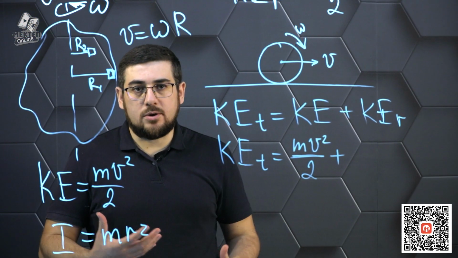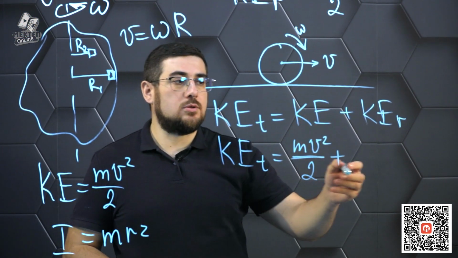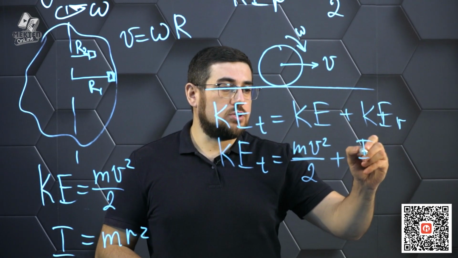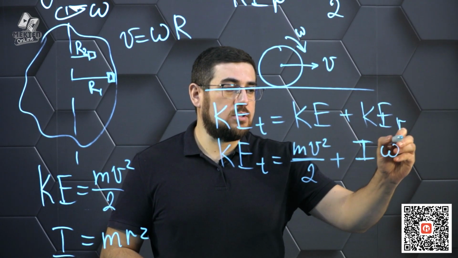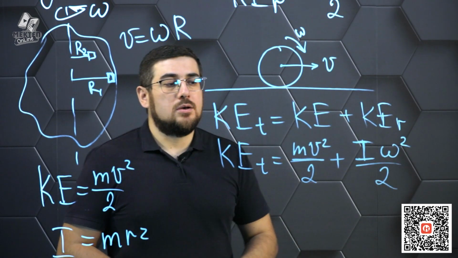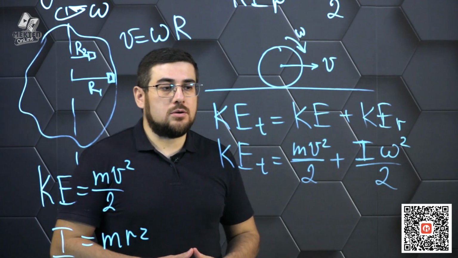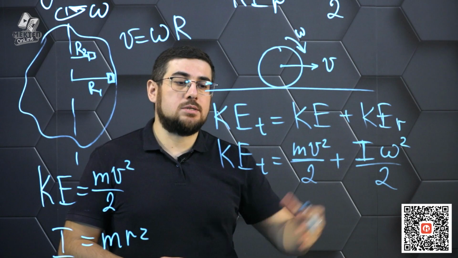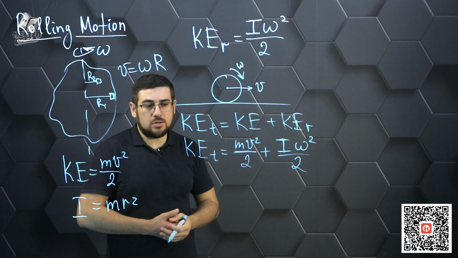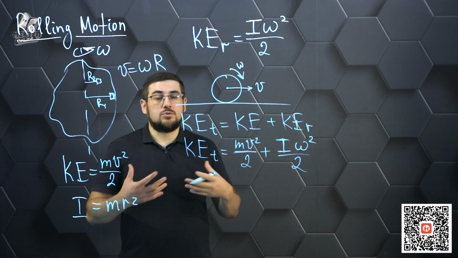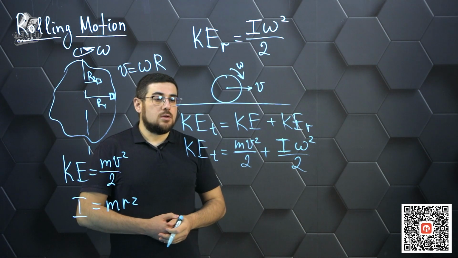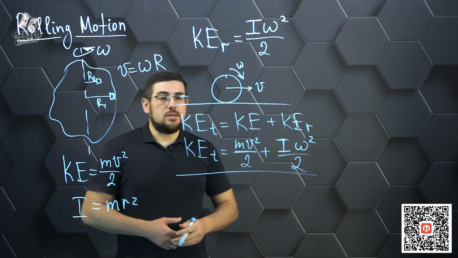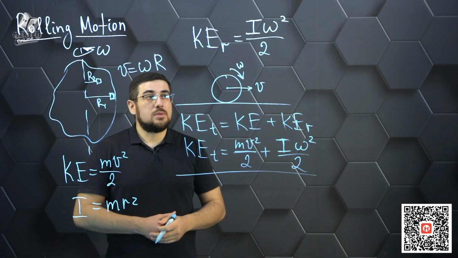But in a real situation, of course, we add the rotational energy and take this rotational effect into account as well. Therefore, the total energy of motion is the sum of these two energies. You should always keep this in mind when you're solving a problem with this kind of complicated motion. So that's the energy of rotational motion.